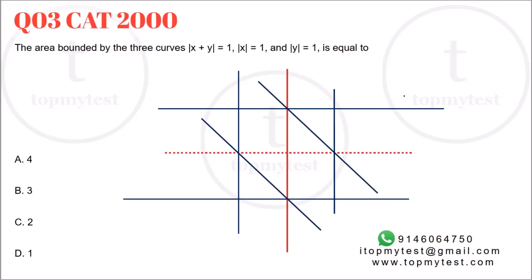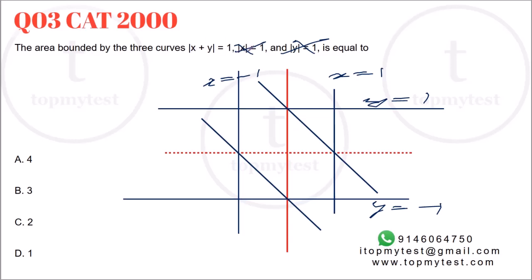Okay, so you have y equals 1, y equals -1. So that takes care of modulus of y is equal to 1. Then modulus of x is equal to 1 will be when x is equal to 1 or x is equal to -1, right? It takes care of modulus of x. And then we also know how to plot modulus of x plus modulus of y equals 1.